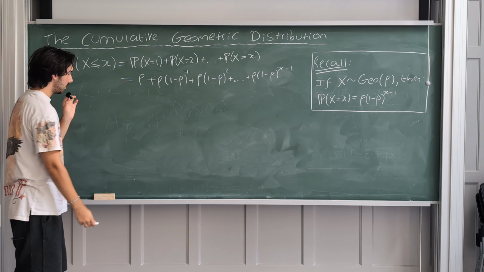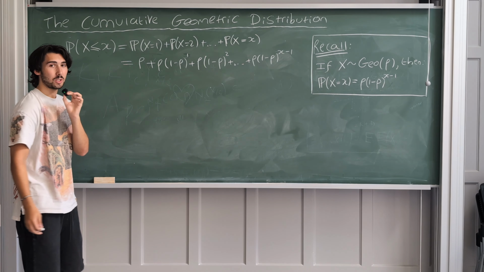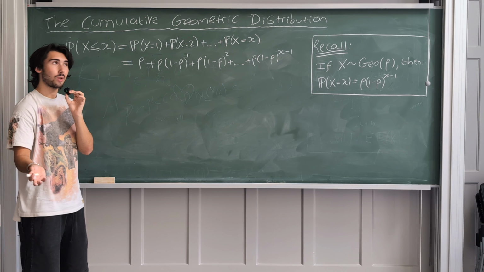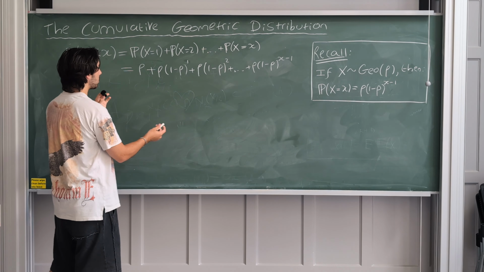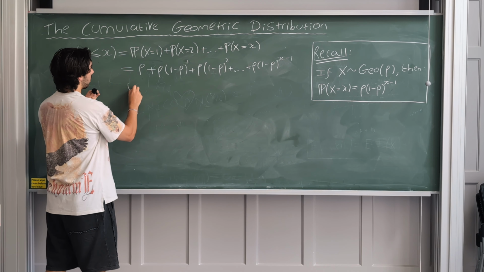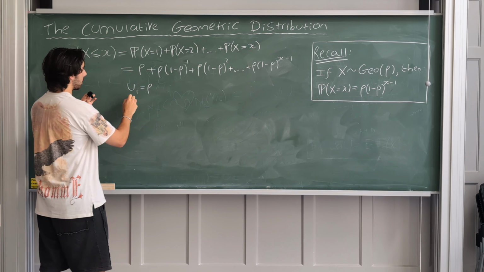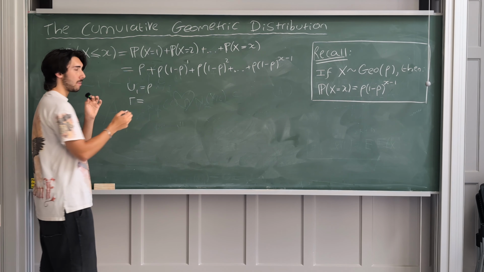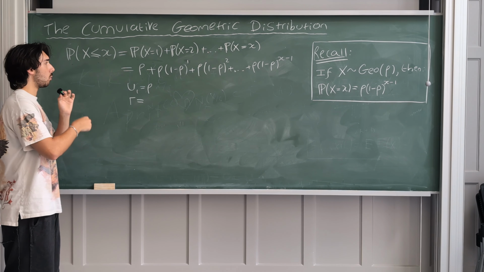Now, luckily, once again, this is a geometric series, which is really nice because a geometric series has a nice formula for it. So what do I mean by that? Well, it's a geometric series where the first term, I'll call it u1, is p. And the common ratio, remember, is just the number that you times by to get from one term to the next.